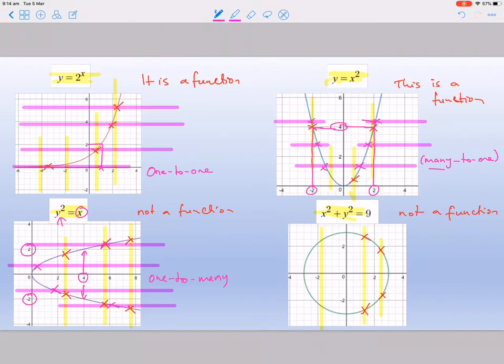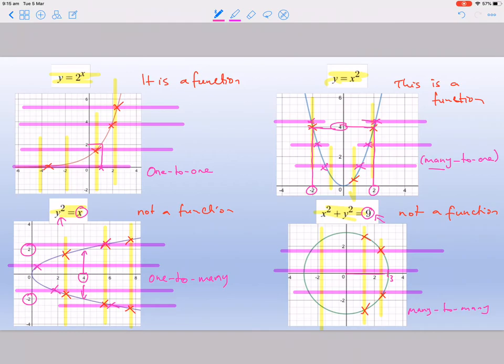And the last one, you can probably already see, is going to fail the horizontal test. It's a circle, and we call that one many to many. By the way, what's the radius of this circle? It goes up to 3, because the radius is always the square root of this number.